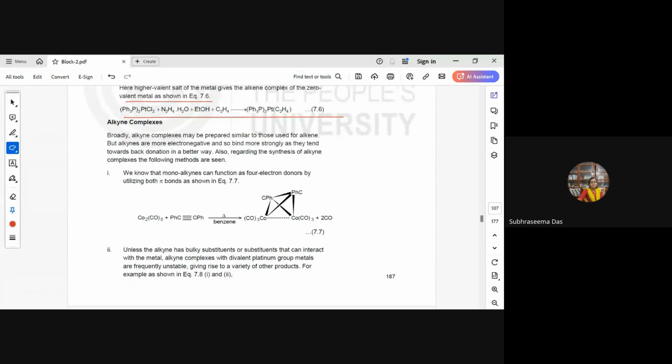Then alkyne complexes. Broadly, alkyne complexes have been prepared similar to those used for alkenes. But alkynes are more electronegative in nature, and so they bind more strongly, and thus the back donation here is better. Regarding the synthesis, the following methods have been used. Monoalkynes can function as 4 electron donors by utilizing the pi bonds, as shown here.